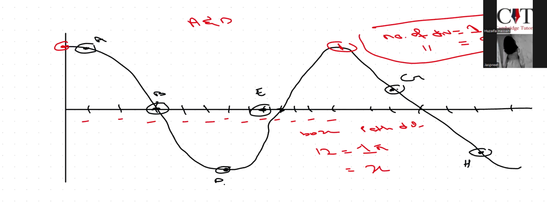Okay. Now the next thing we have is phase difference. Path difference was the difference between any 2 points in terms of wavelength.